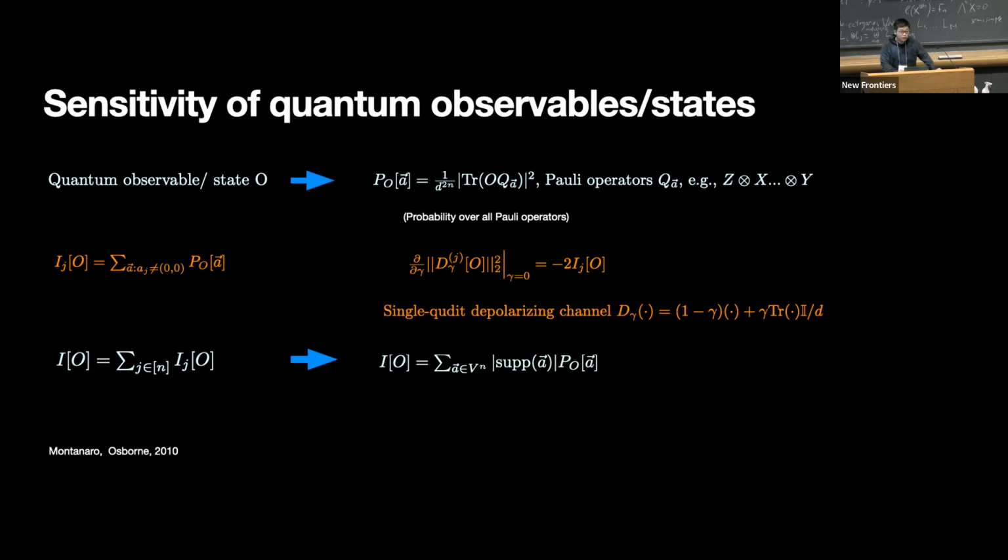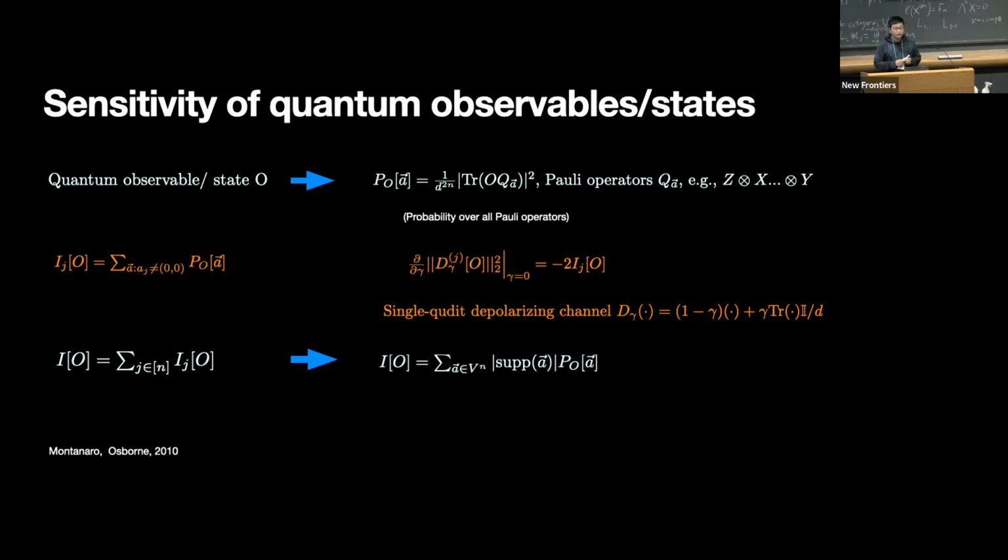And we can also rewrite the total influence as the average value of the support or the size of Pauli operators with respect to the probability distribution defined by the observable state O. Okay, this definition of sensitivity or influence was originally proposed by Montanaro and Osborne back in 2010.